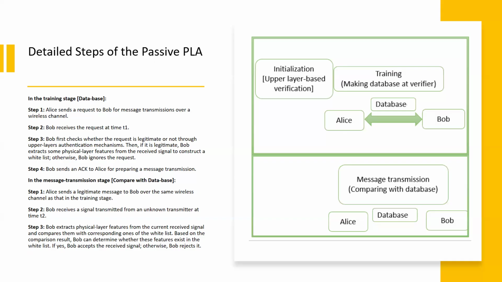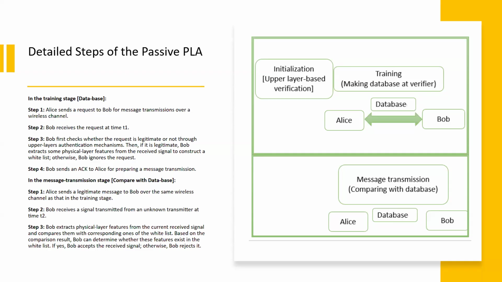Bob first checks whether the request is legitimate or not through an upper layer authentication mechanism. Then, if it's legitimate, Bob extracts some features. So, okay, the signal I received is coming from a transmitter I already know. Why? Because the key that he's using to transmit his signal is already available in my database, and this key is coming from the upper layer.